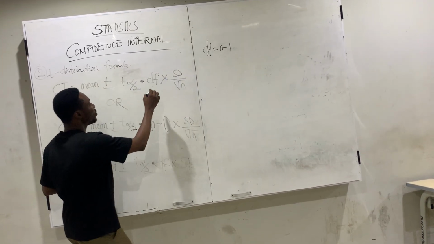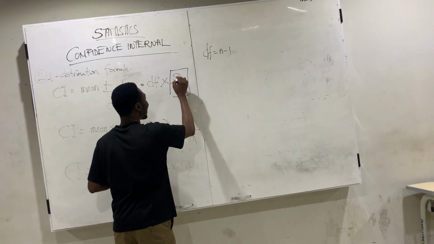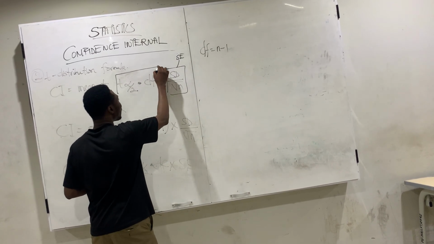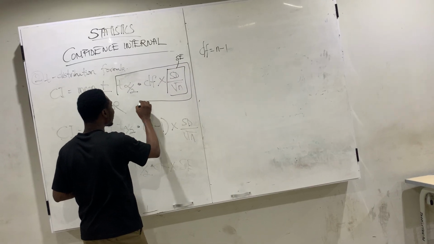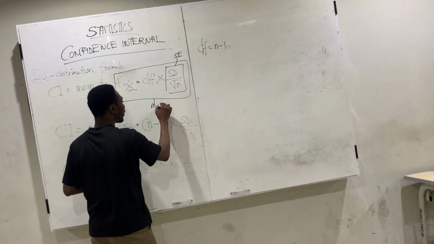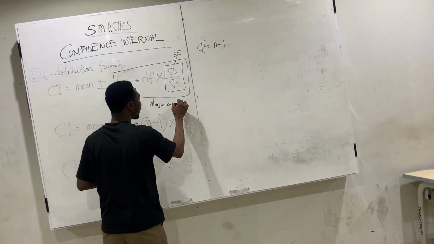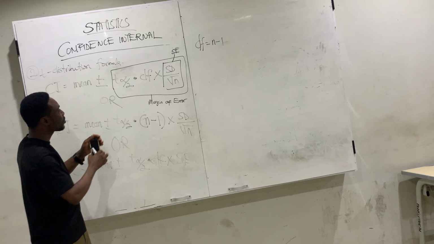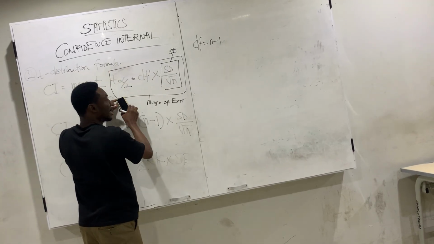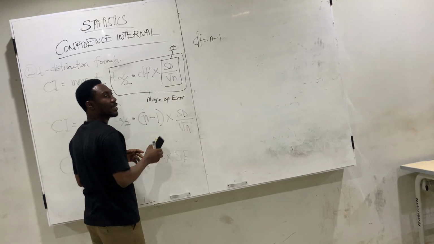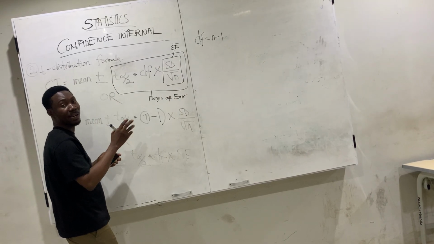So over here too, this part of the formula is the SE. And this whole part of the formula is also the margin of error. Is that okay? So this whole part of the formula is the margin of error. This part of the formula is the SE, the standard error.